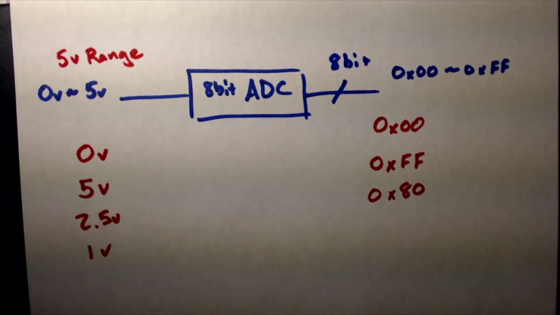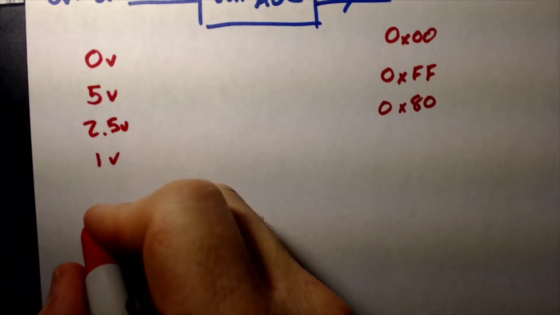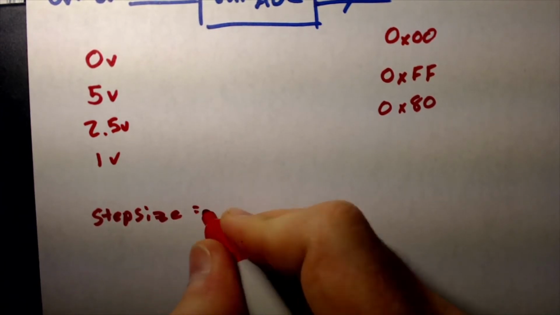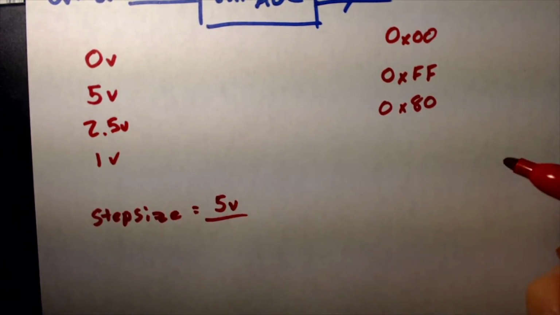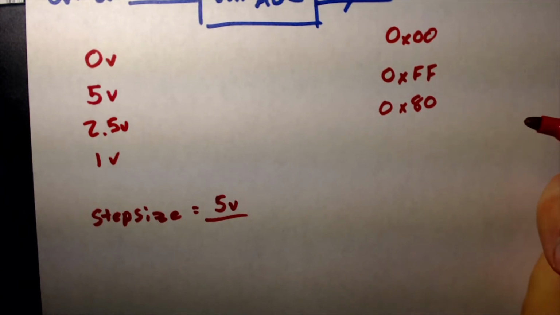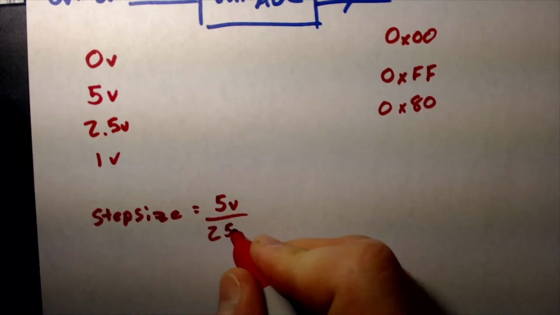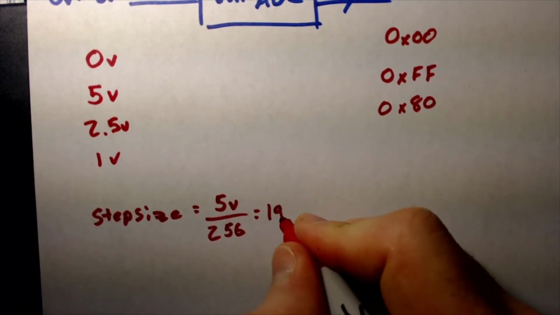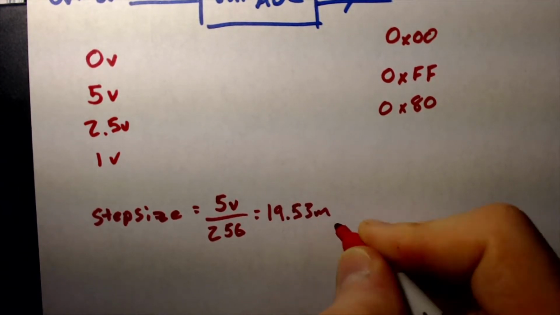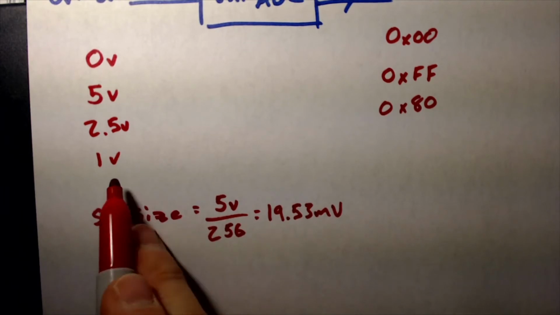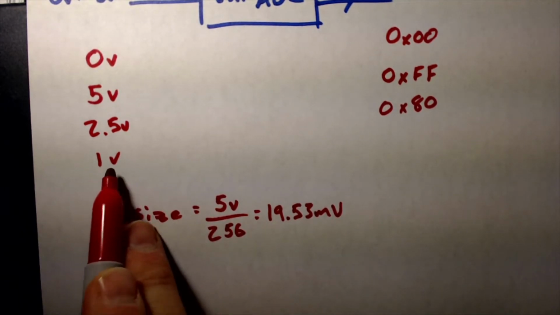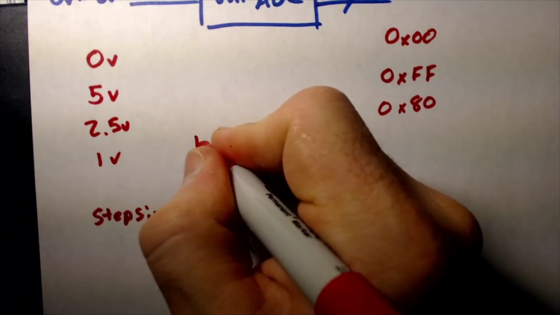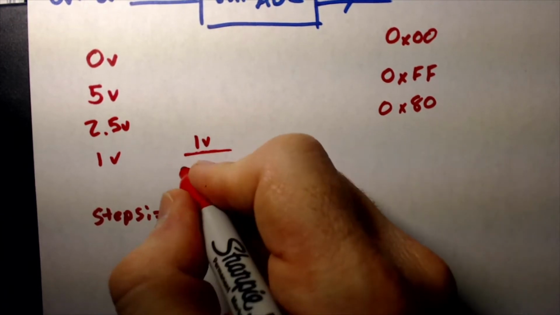So our step size equaled 5 volts divided by 0 to FF, which is 256 different values, which we got as 19.53 millivolts. So if we want to know what the analog digital converter is going to convert 1 volt into, all we have to do is take 1 volt and divide it by our step size.